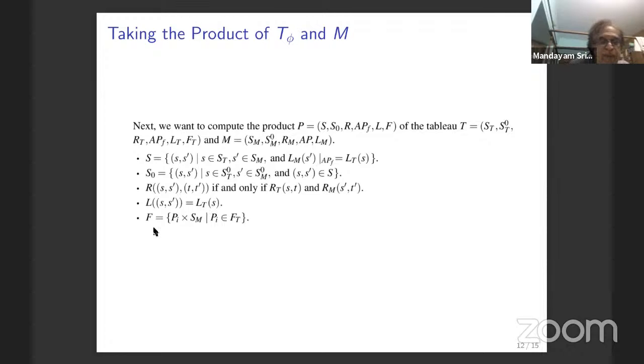And here is the question that Kapil, you asked, and Diganta, you also asked last time. So it's exactly identical to FT. Since there is no fairness on M, it is just the fairness constraints as derived from the tableau, whereas these are the fairness constraints of the product, just inherited from the tableau. That's all.